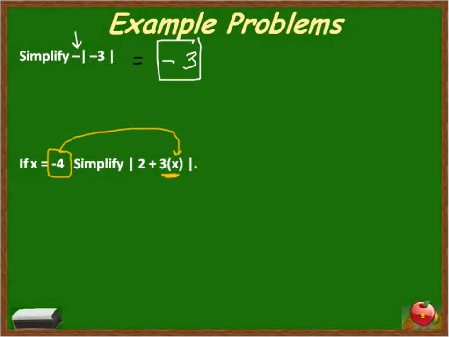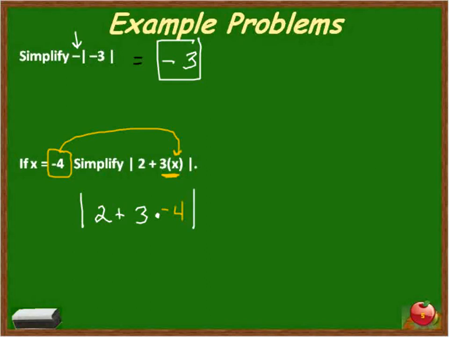What does that mean? Well, when I don't see an operation there, such as addition, subtraction, multiplication, or division, if it's just a number and a variable right next to each other, or a number and a variable in parentheses, but they're right next to each other, that means multiplication. So what I'm doing is I'm going to do the absolute value of 2 plus 3 times, and I'm replacing that x with -4.